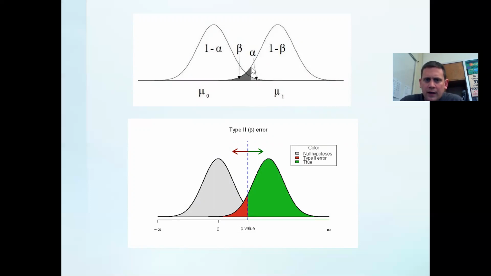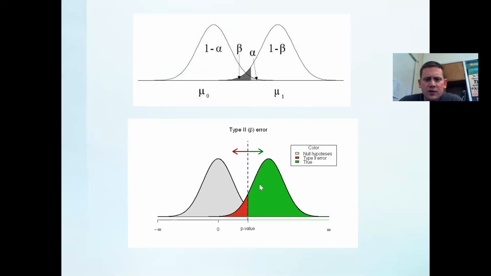Notice beta can go all the way over to here, and you might say, well, that's the type 2 error, where you failed to reject the null. So we just need to understand the difference between alpha and beta, and kind of understand how those two graphs interact with each other.